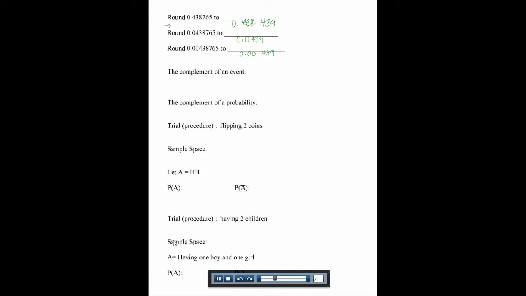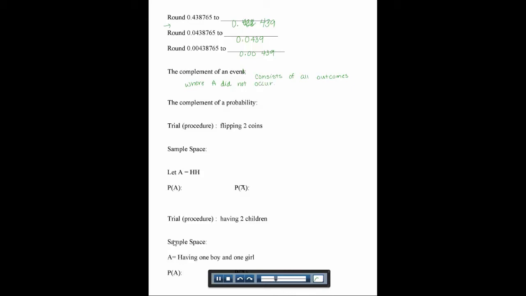Okay, now we have another definition, what's called a complement of an event. A complement consists of all outcomes, so a complement, say of event A, consists of all outcomes where A did not occur. And we'll talk more about complements in future sections.